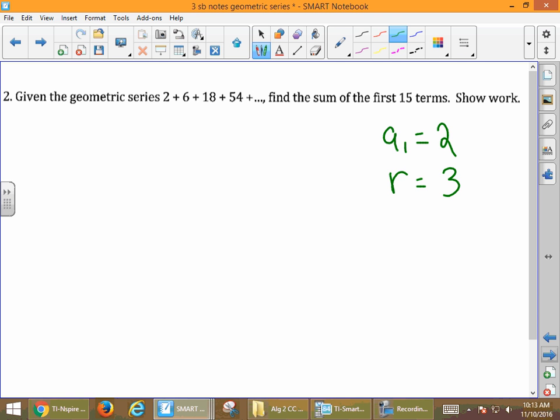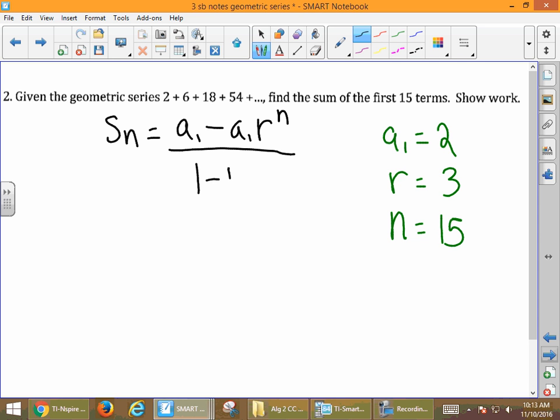The last part here says find the sum of the first 15 terms. What's that? N. Now, hopefully you have the formula written there on your paper. I don't have it in front of me on here, so it's A1 minus A1 times r to the n over 1 minus r.